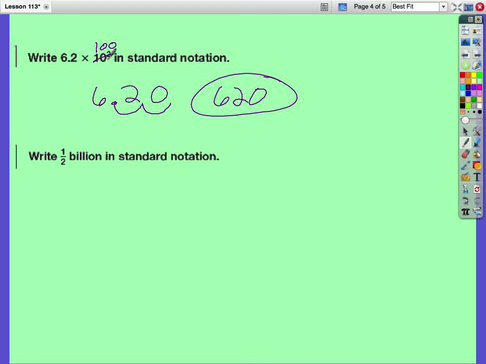Okay. So if I have 1/2, that's 0.5, times 1 billion, so there's 1,000, million, billion. Okay. So if I'm multiplying, notice I can count how many zeros I have. 1, 2, 3, 4, 5, 6, 7, 8, 9.